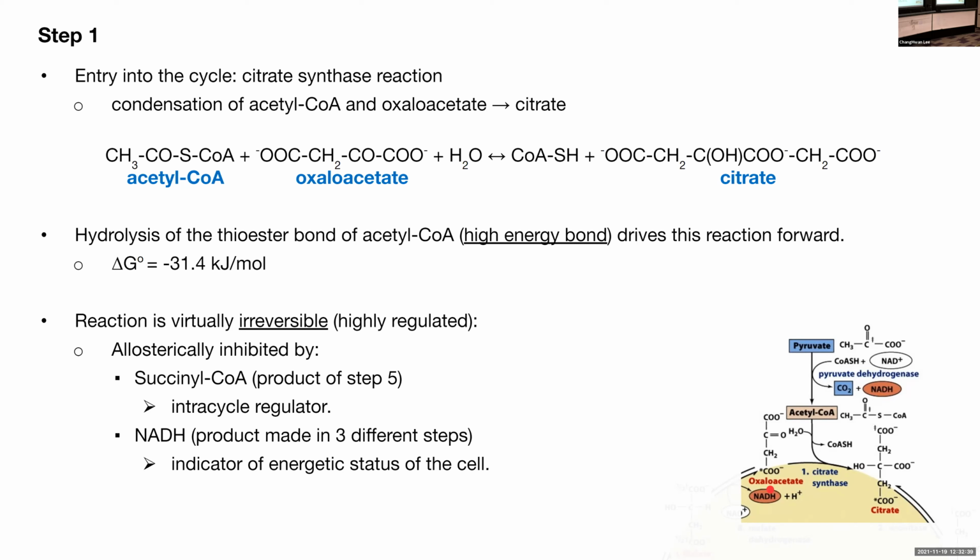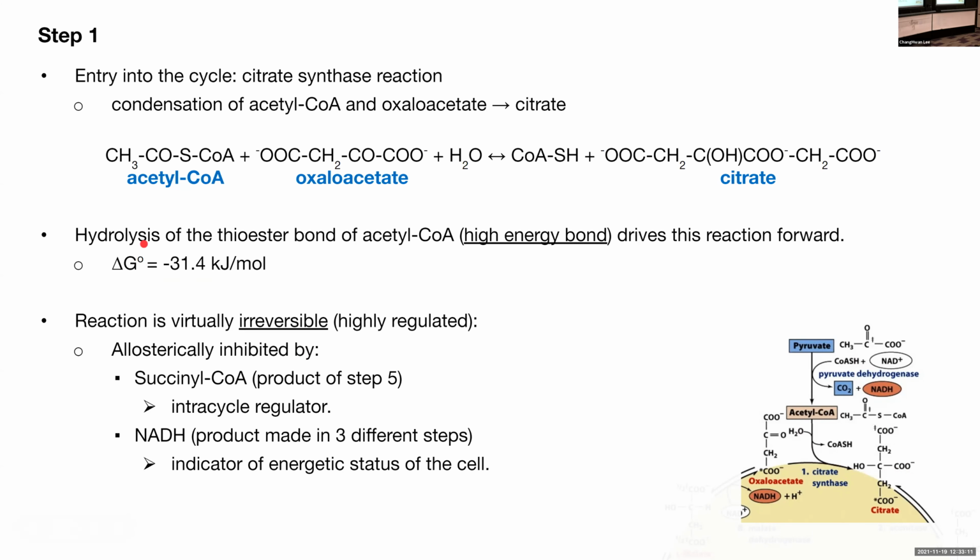So that's the product of the last step. Oxaloacetate combines to form citrate. As you can see in the molecular structure, oxaloacetate has 4 carbons, and acetyl-CoA, the acetyl part, has 2 carbons. They are condensed to make the 6-carbon molecule citrate.